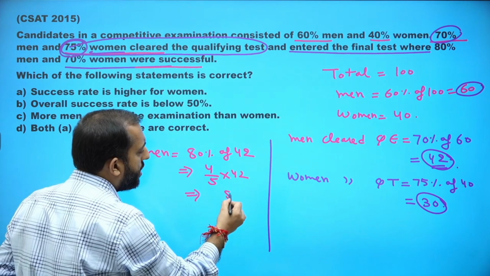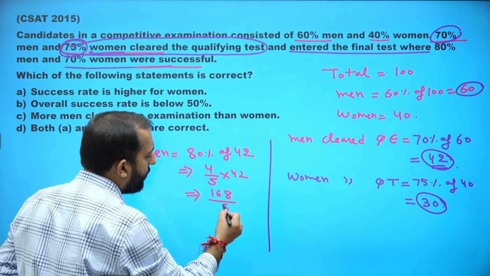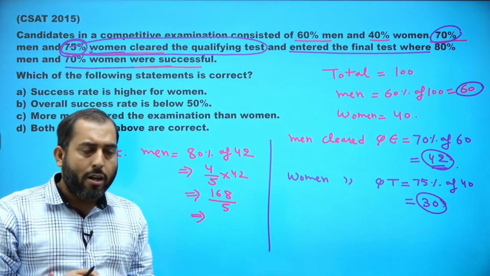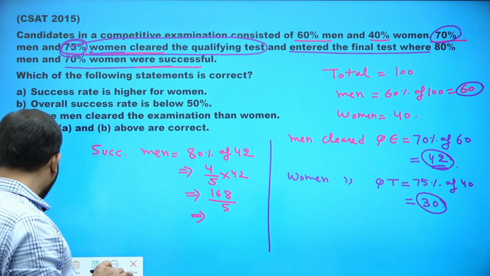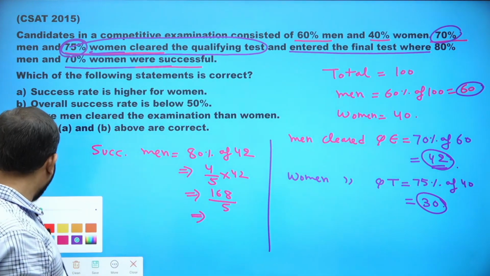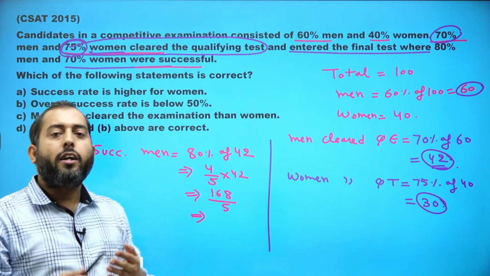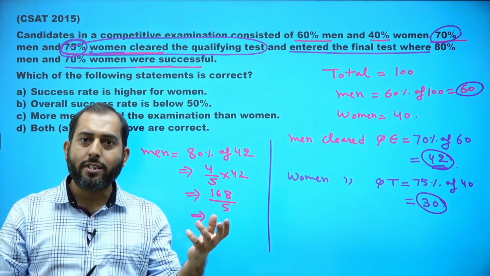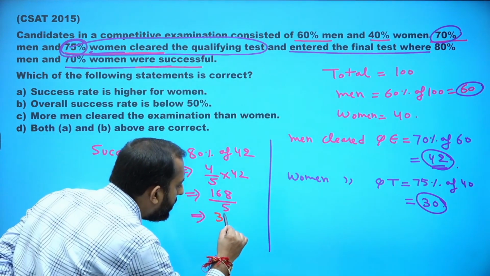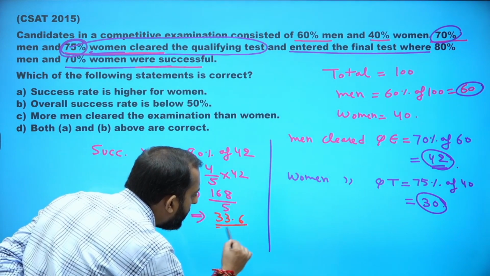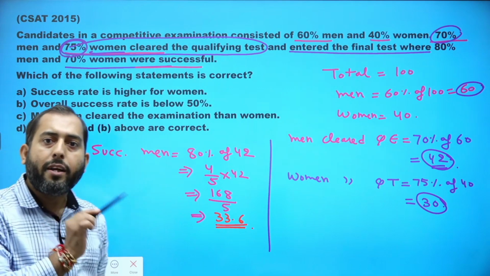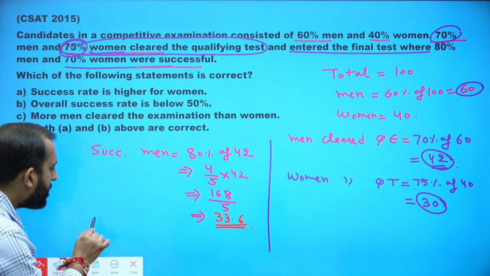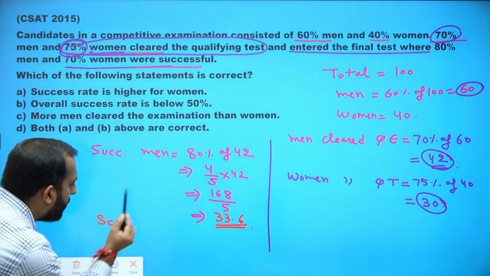So 4 2s are 8, 4 4s are 16 by 5. Now, if you want to divide a number by 5, double the numerator and put a decimal. So what is double of 168? Double of 160 is 320 and double of 8 is 16. 320 plus 16 is 336. So it becomes 33.6. How many men are successful? 33.6 men are successful.